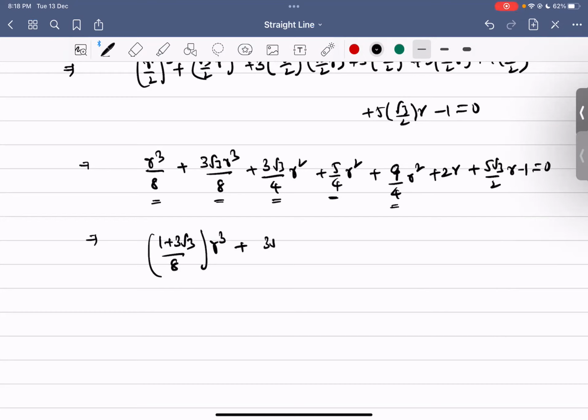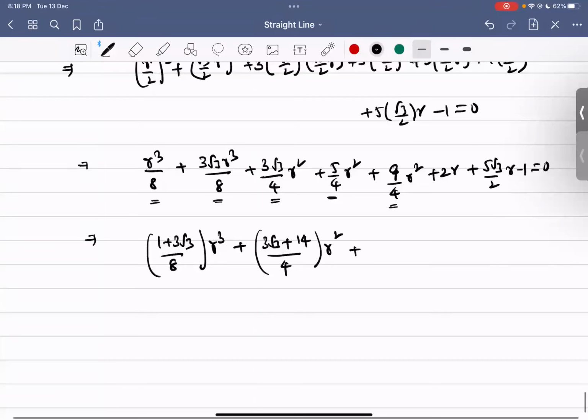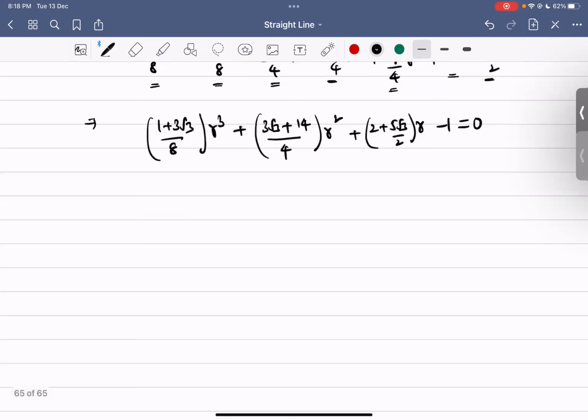Then what you get? 3 root 3 plus 9 plus 5, that is 14 by 4 into R square, plus from the fifth and sixth terms, you take out R common, that is 2 plus 5 root 3 by 2 times R, minus constant is equal to 0. So it's a cubic equation in R.